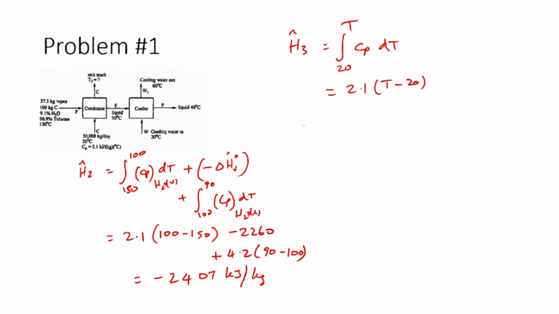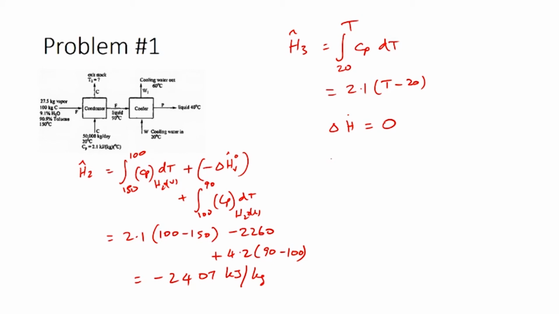So, we have the general energy balance equation simplified to delta H dot equals 0. Now we can substitute the values for H1, H2 and H3, and we already know the masses of the toluene, water and the coolant which are coming in.